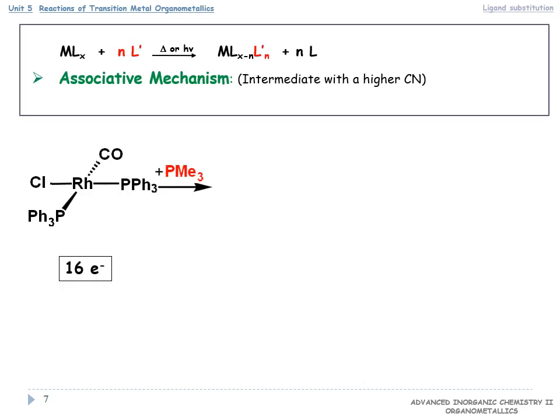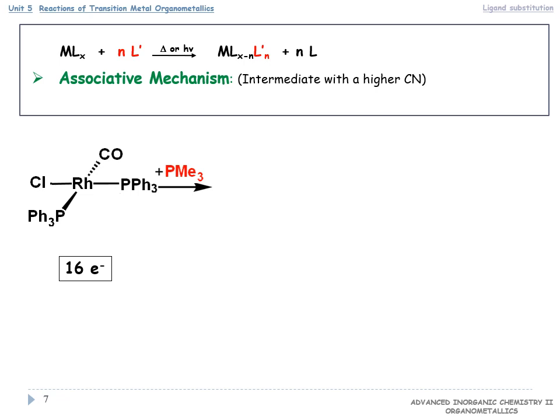Associative pathways are usually encountered in 16 electron complexes, being typical in square planar d8 complexes of palladium(II), platinum(II), and rhodium(I), as in this example.